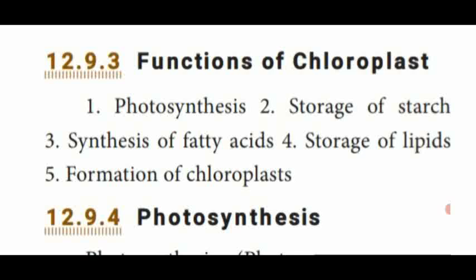Last one, formation of chloroplast. That means in the stroma region of the chloroplast there is chloroplast DNA, which has the capacity to produce another chloroplast. That is said to be formation of chloroplast.